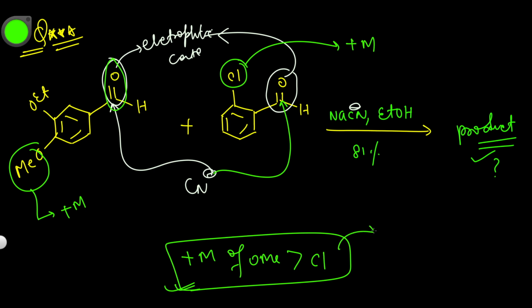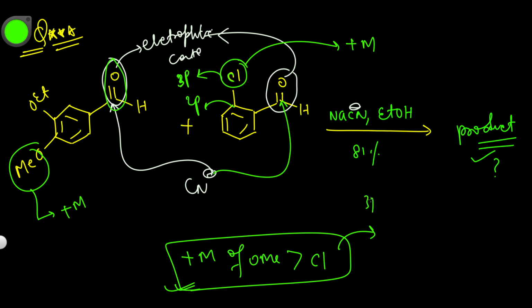Why is it so? Because with OMe there is a 2p-2p interaction, but here it is a 3p-2p interaction. This carbon has 2p and this chlorine has 3p.